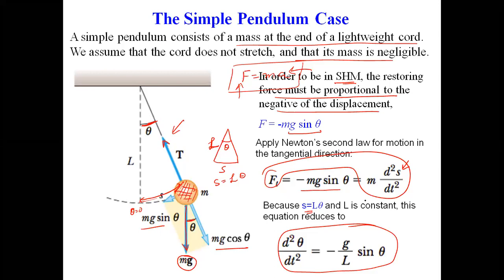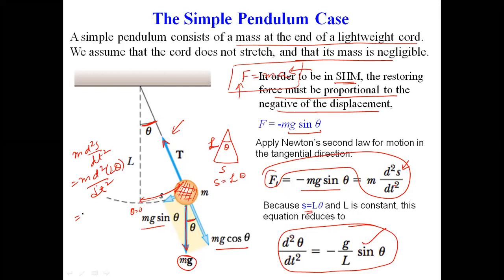This one? d square theta by dt square. So simply you substitute the value of S. So it is m d square s by dt square is equal to m d square of L into theta by dt square.